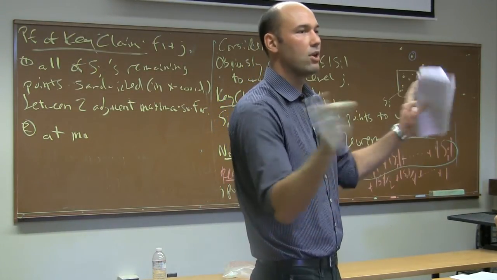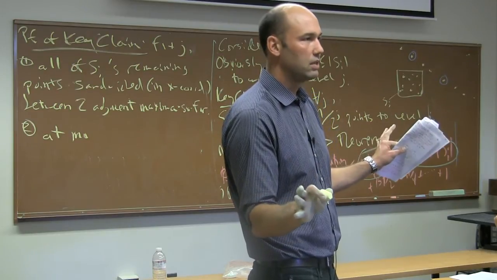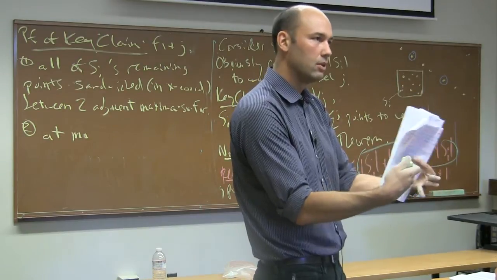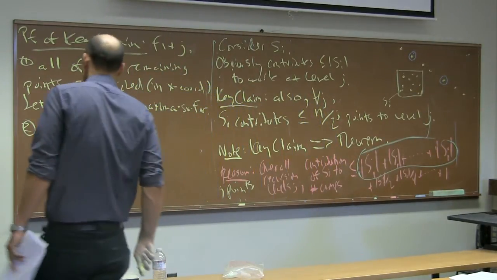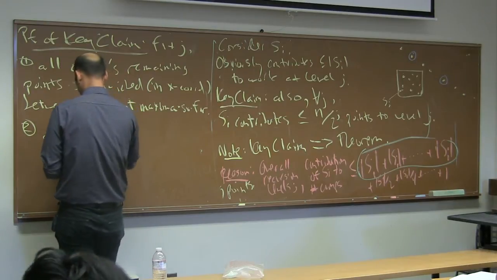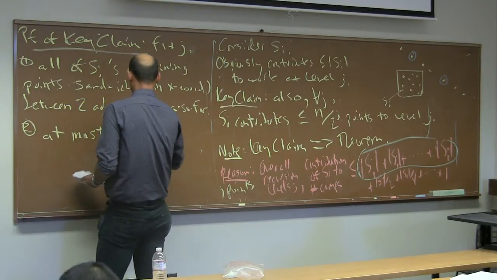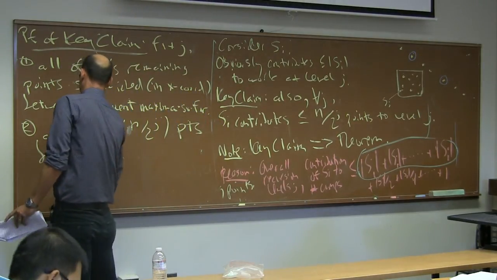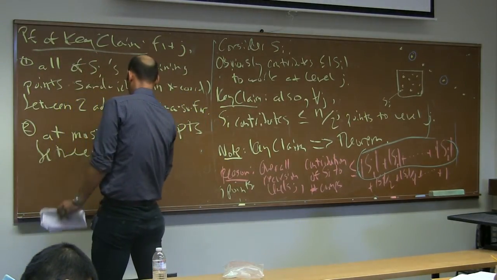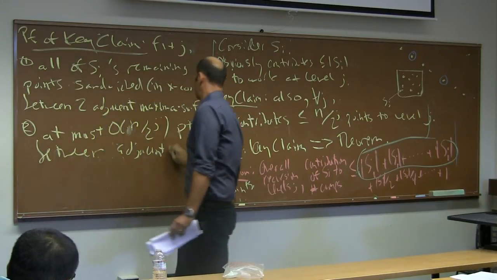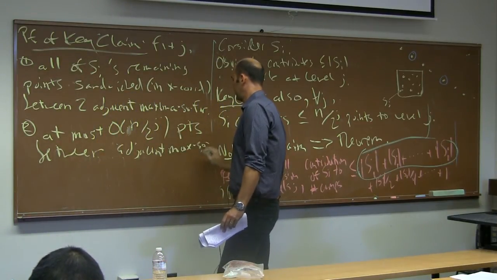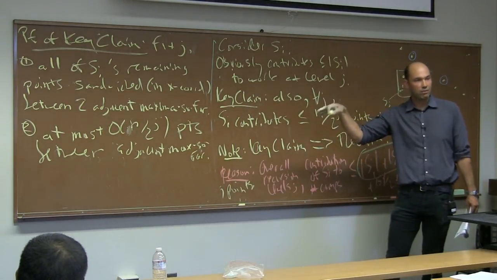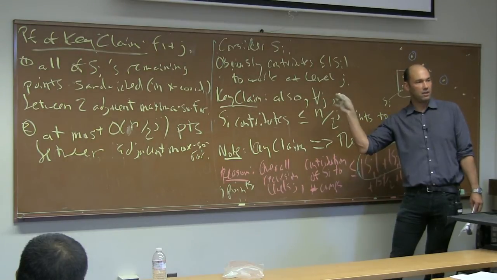Independent of whether they came from a box or not, if I zoom in between 2 consecutive maxima you found so far, there can't be that many points, at most n over 2 to the J. So does everyone see that, trivially, if I prove 1 and 2, then we prove the key claim, and therefore we're done with the theorem?